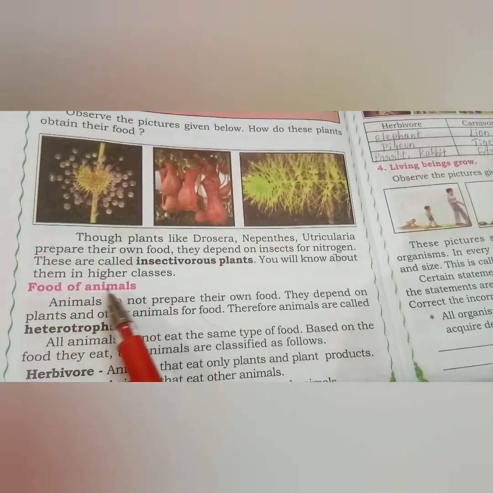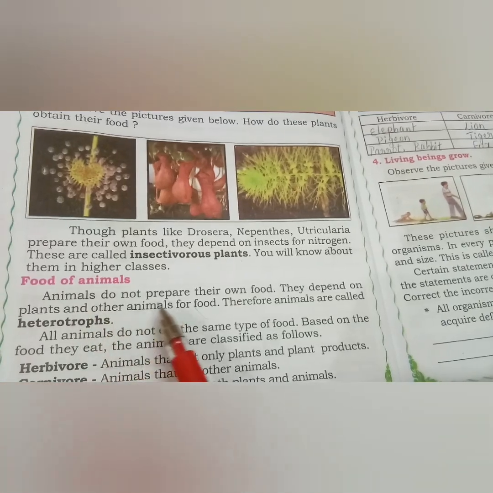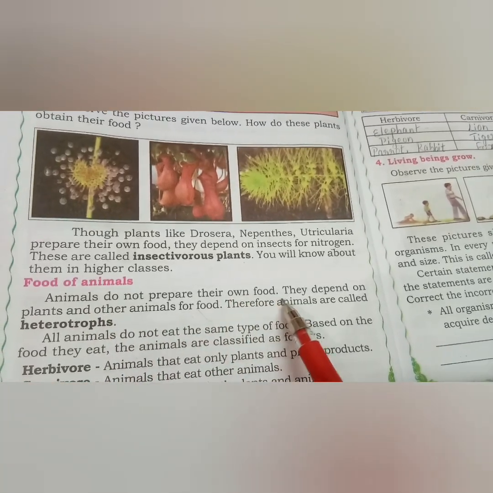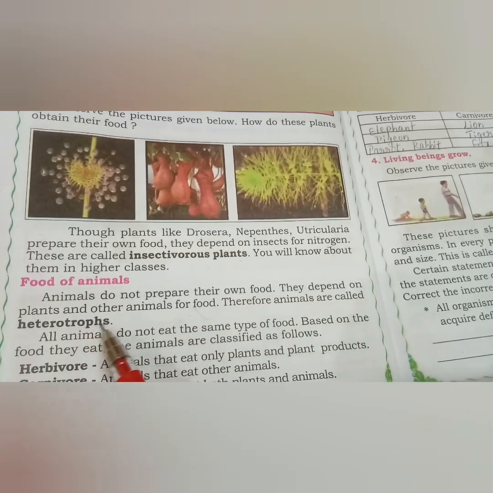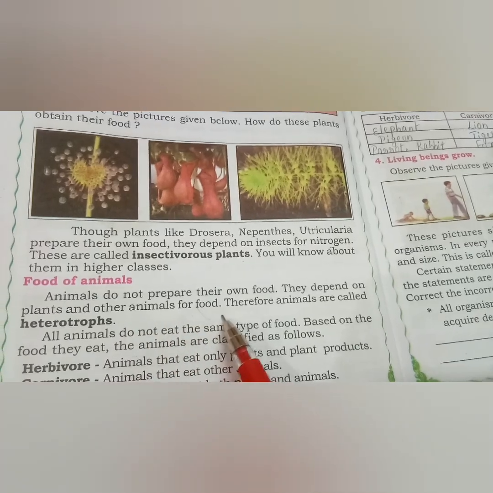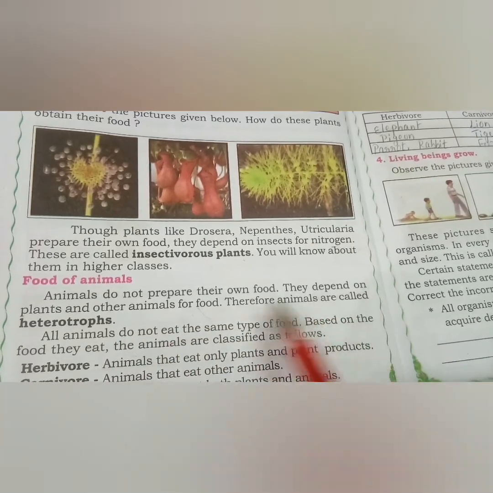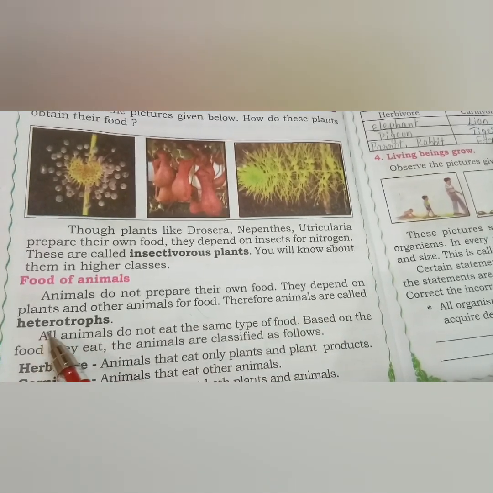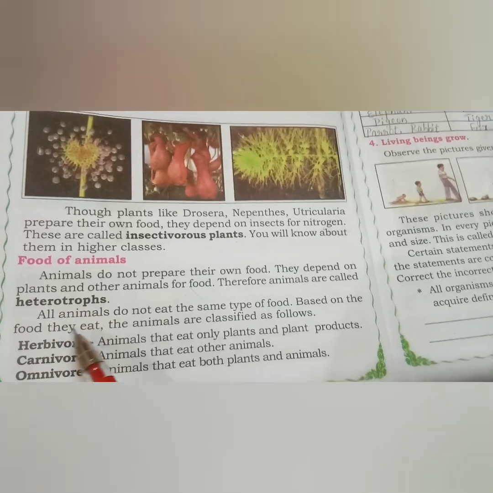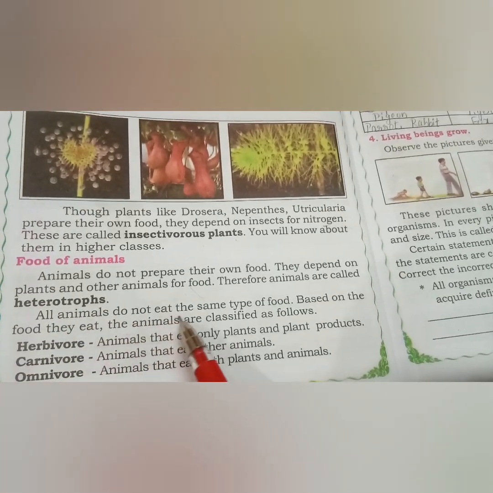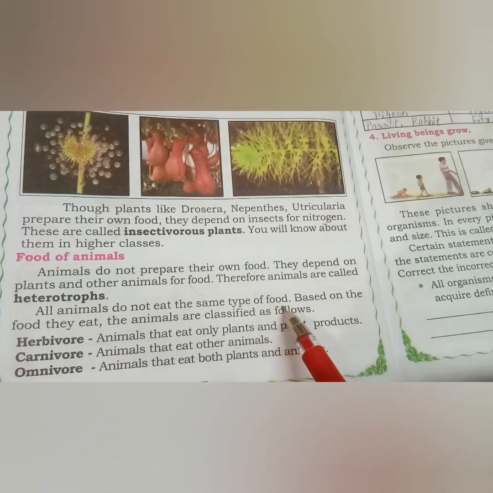Next, food of animals. Animals do not prepare their own food. They depend on plants and other animals for food. Therefore, animals are called heterotrophs. All animals do not eat the same type of food.